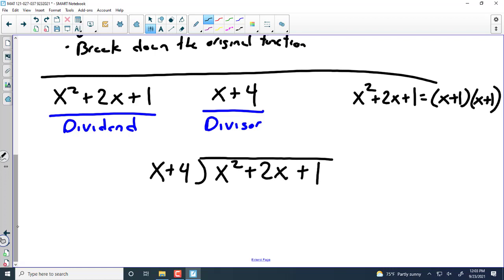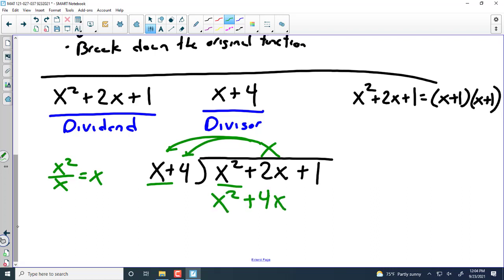I don't know what my remainder is going to be, but I can tell you one thing. My remainder is not going to be 0. Just like I know if I divided the number 3 into 10, I know 3 is not a factor of 10. So I know my remainder is not going to be 0. X goes into x squared. You can still do this though. Gives me x, multiply that back through. X squared plus 4x. Line it up, subtract it.